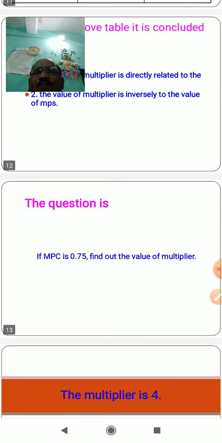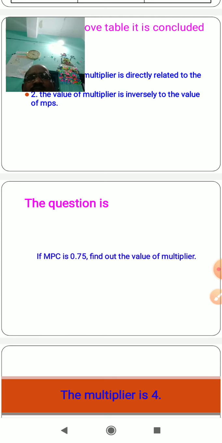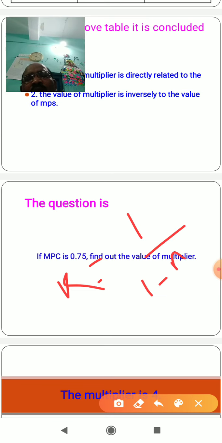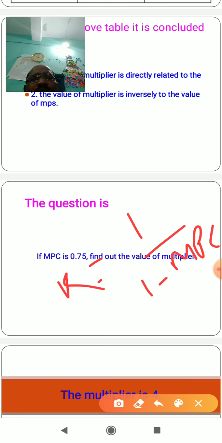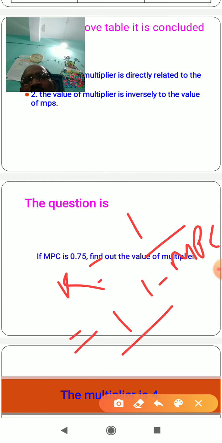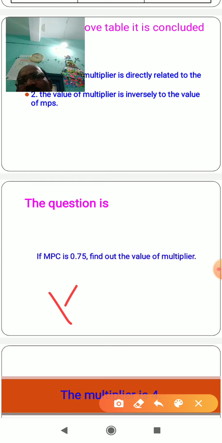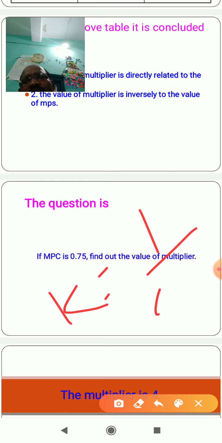Coming to the question, if the MPC is 0.75, what is the value of the multiplier? You can see K is equal to 1 by 1 minus MPC, equal to 1 by 1 minus 0.75, equal to 1 by 0.25.